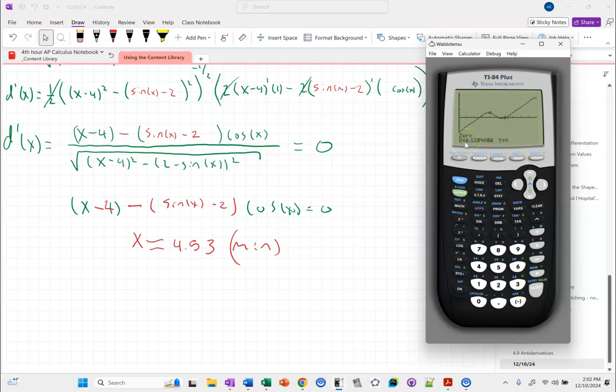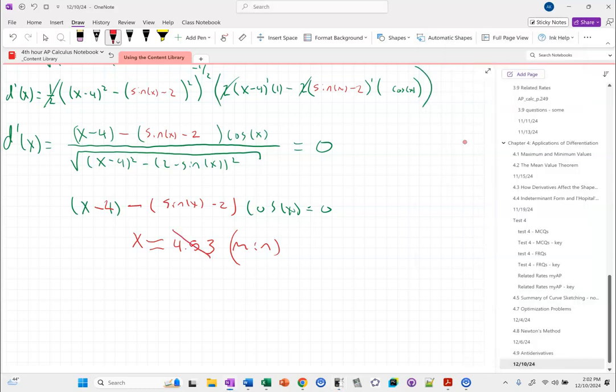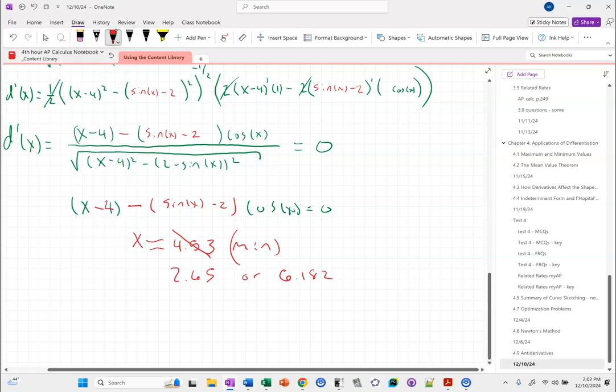And 6.1284. I thought that would be more obvious. So those are my potential minima.